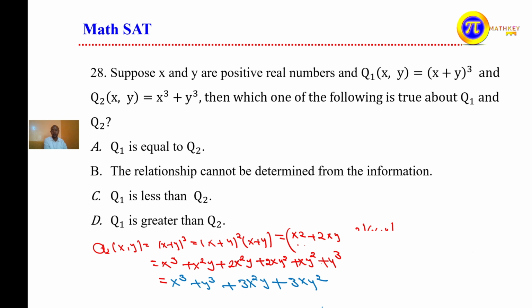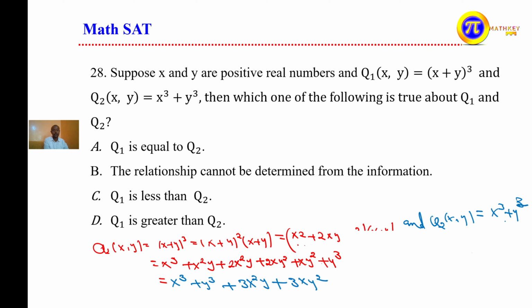So this is for Q1. What about Q2? That means here we have Q2 of x comma y is equal to x cubed plus y cubed.